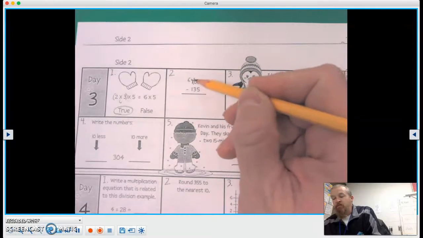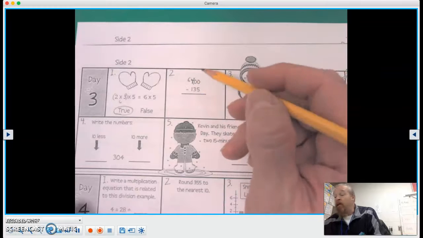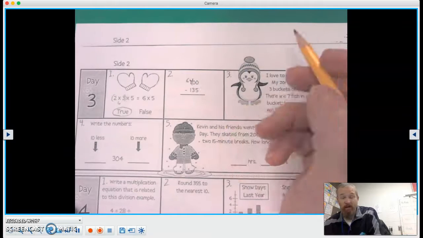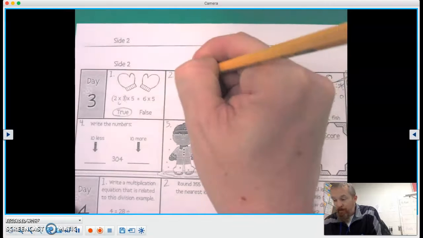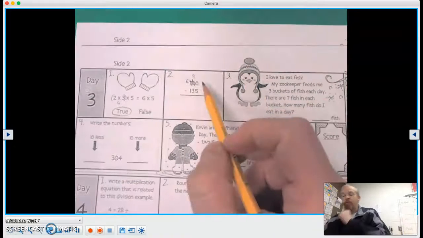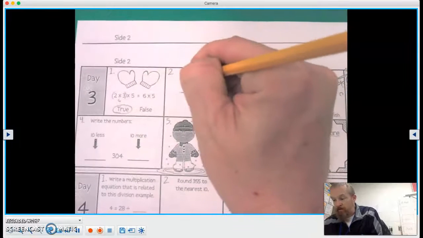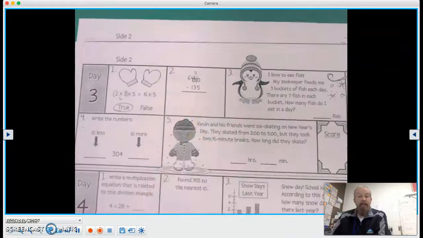We cannot do 0 minus 5 still. So we're going to cross out the 10 tens. We're going to make it 9 tens. And we're going to bring 1 ten over to this column and make that a 10.